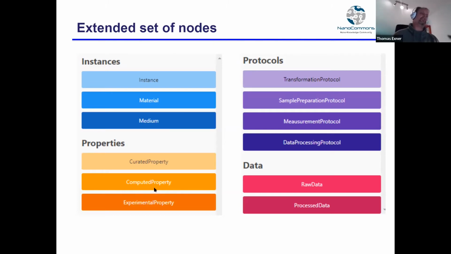The main change is really that this is what you saw already, more or less. Only the color coding has changed a little bit. You also have the difference that you have some different types of properties. Also there, the naming is not perfect, but you say, okay, I have something which I get from the literature or from the material provider, like they give you a size.